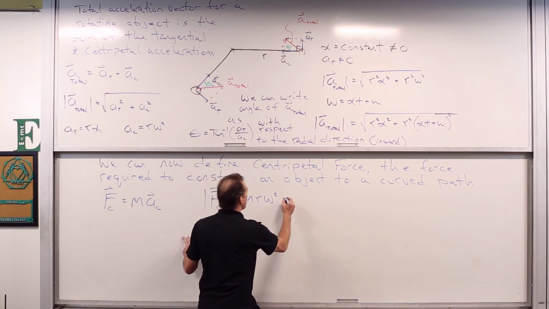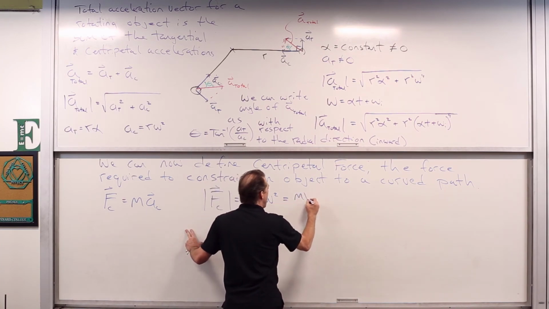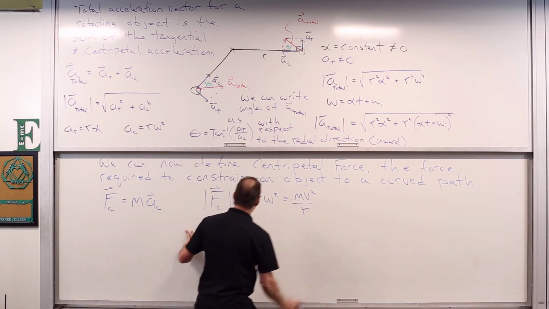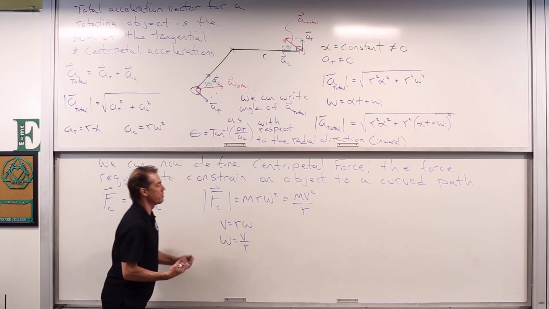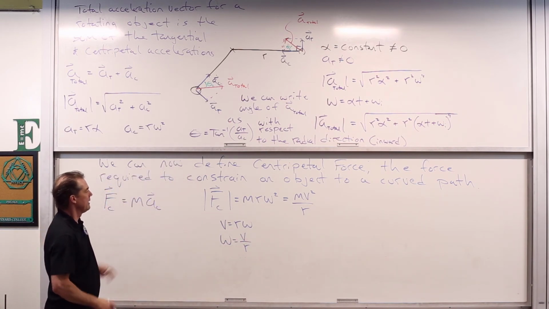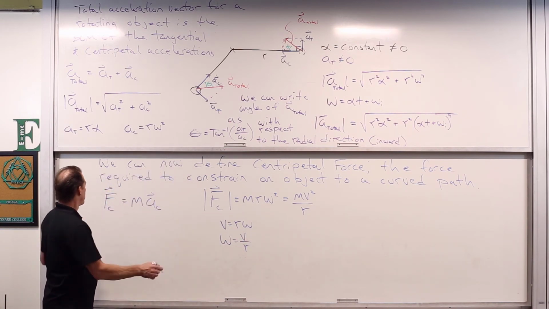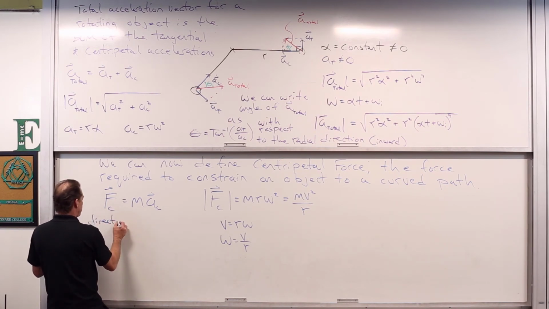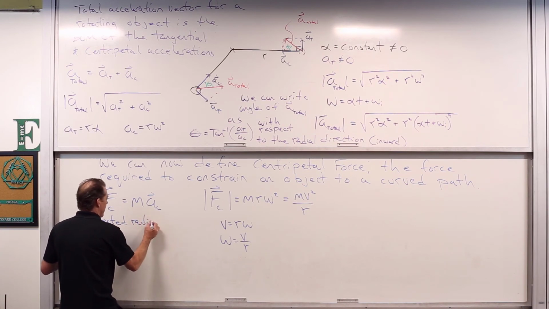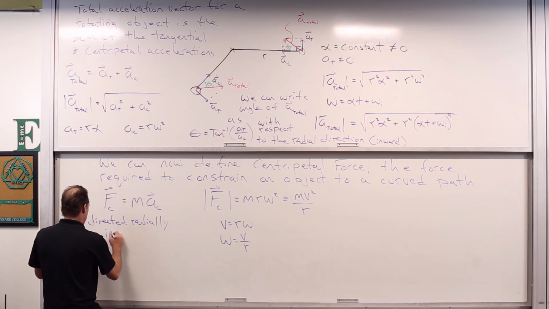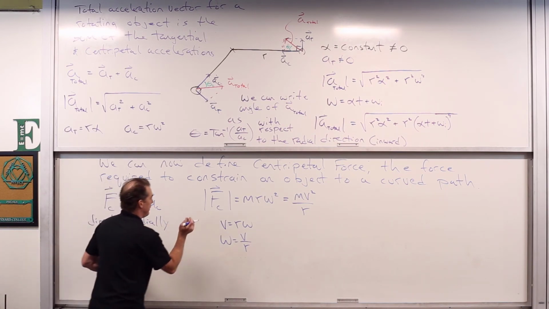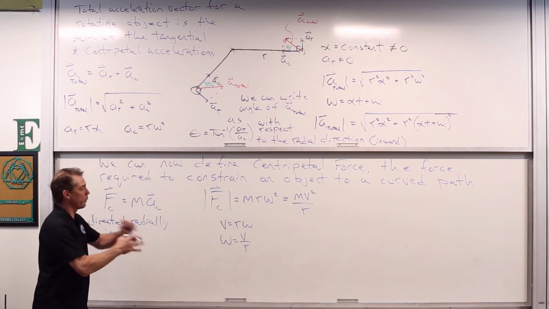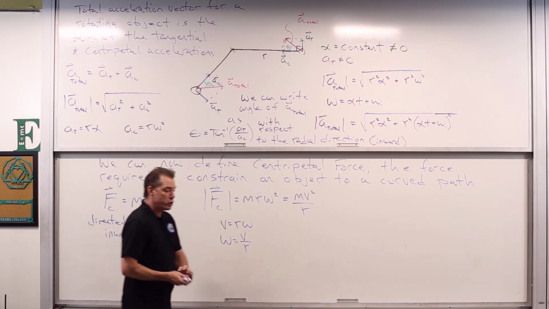So we could just as well write this as m v squared over r, where v is the tangential velocity, the speed of the object. And there we go. It's always directed radially inward. And there is its magnitude, the force required to constrain an object to a curved path.